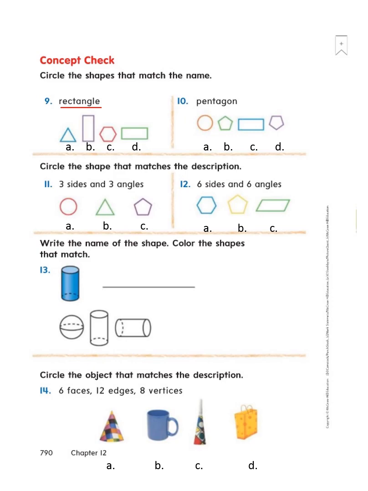For numbers 11 and 12, it says circle the shape that matches the description. Number 11 says 3 sides and 3 angles. Number 12 says 6 sides and 6 angles.